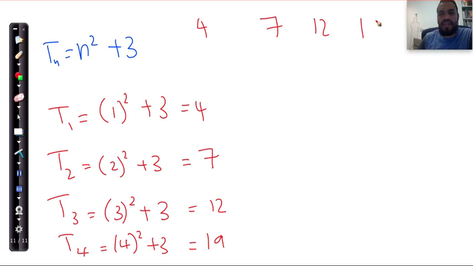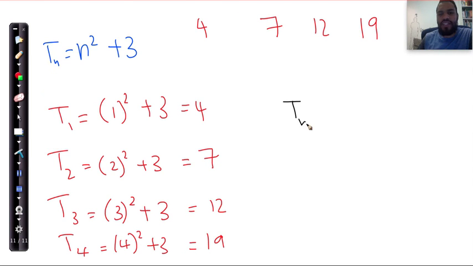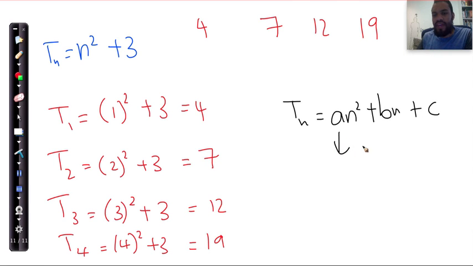There you can see that the general formula for a quadratic sequence is Tn equals an squared plus bn plus c. To find this, we need to find the a, the b, and the c.